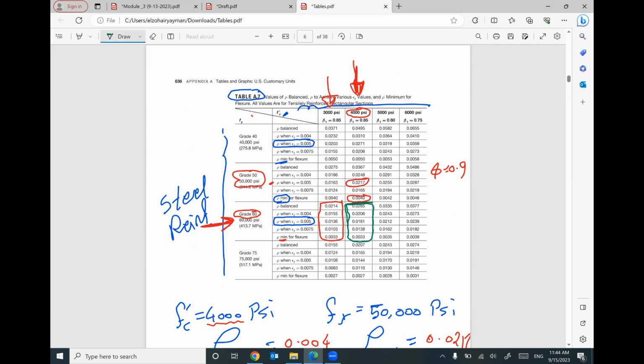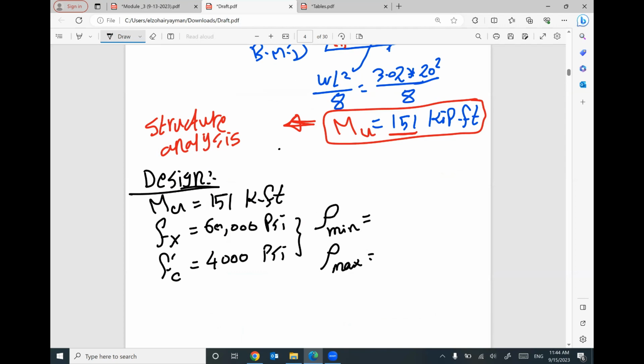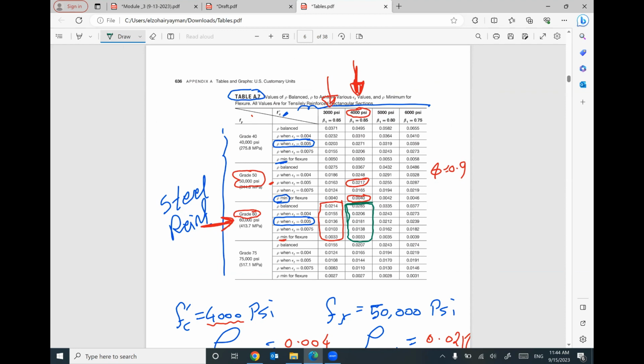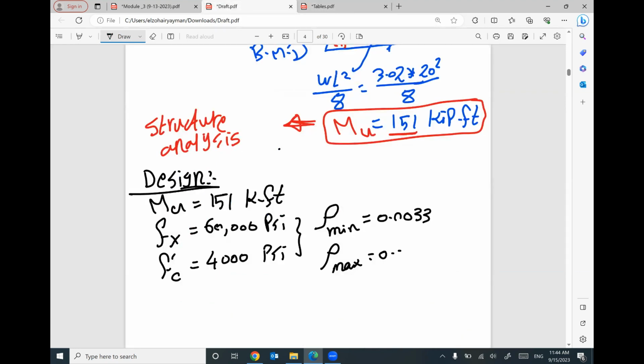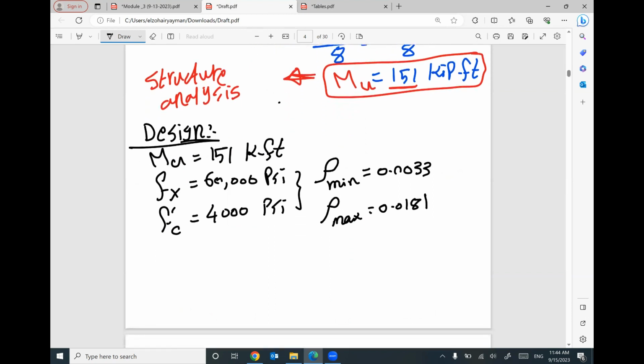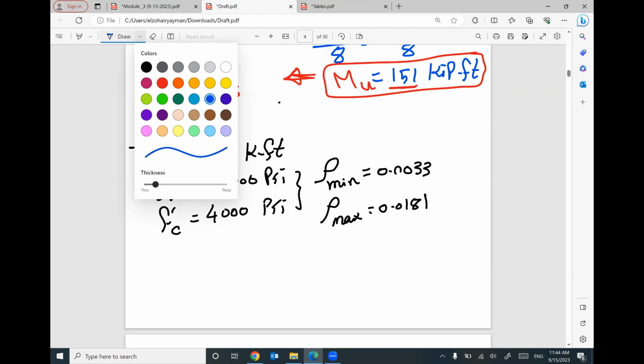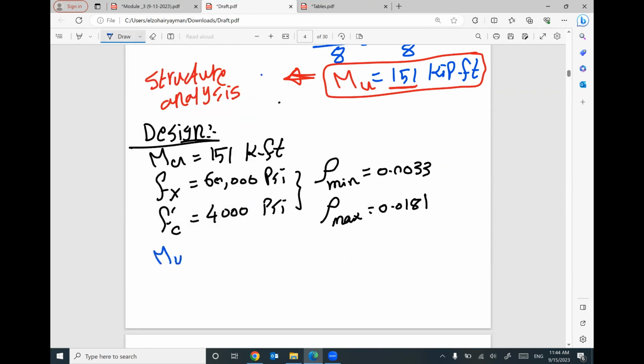Does that make sense? So the rho minimum will be 0.0033. The value of rho maximum will be 0.0181. Then I will start to figure out the value of M ultimate divided by phi b d squared.